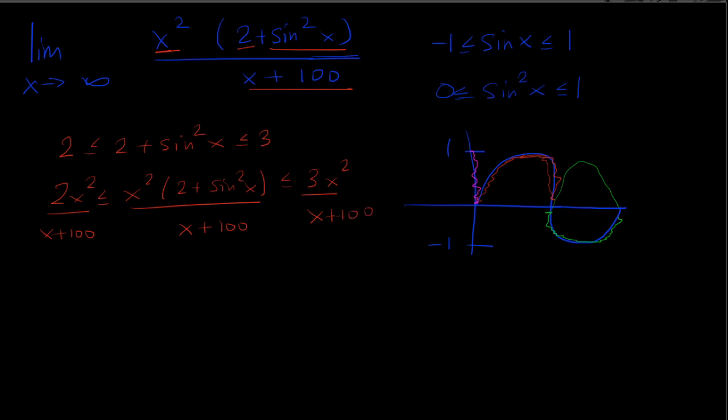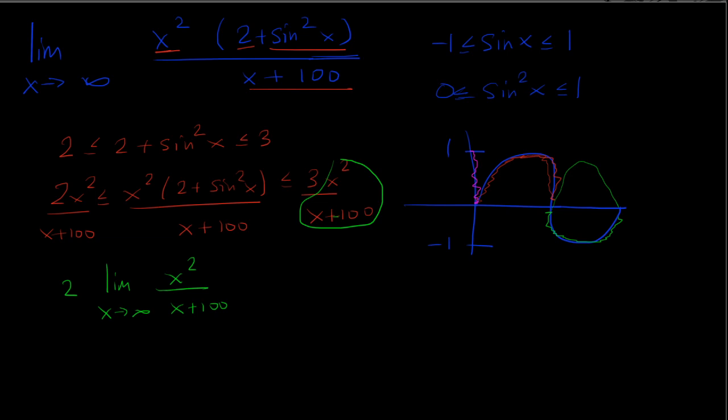Okay. Now let's take a look at the bounds. So we'll look at the 2x squared over x plus 100. So we'll take the limit as x approaches infinity. I'm going to pull out the 2. So we'll have x squared over x plus 100, since that's the same thing as this piece. So if anything, we're just going to multiply by 3, whatever this limit is.